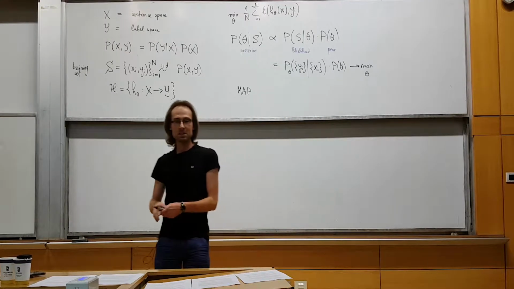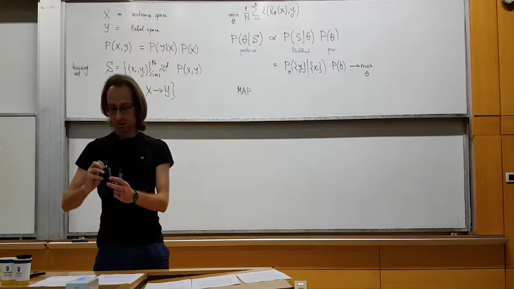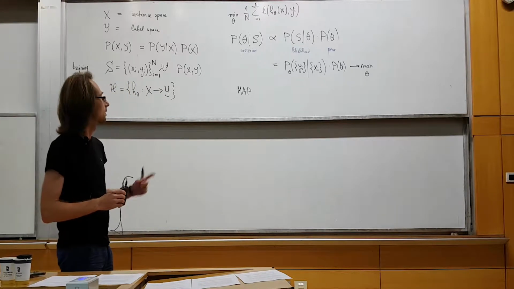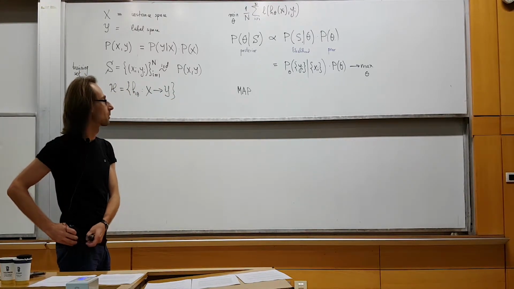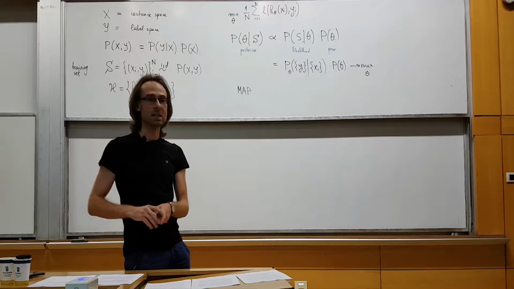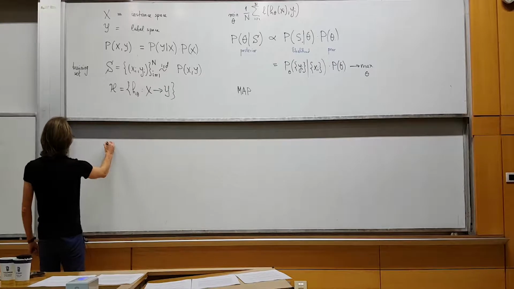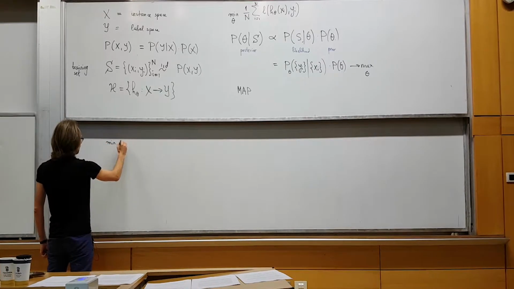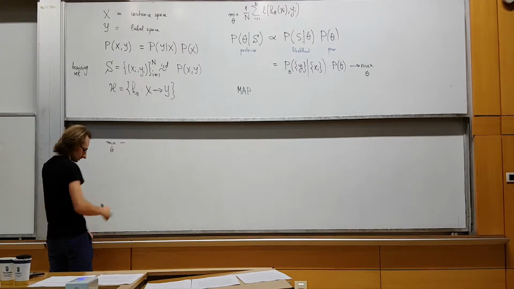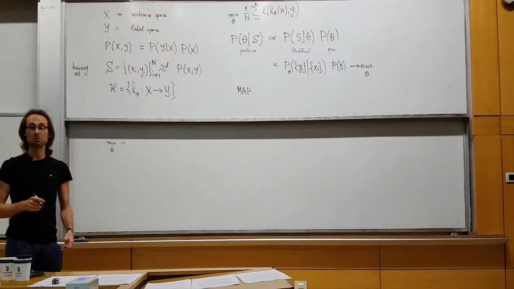Now, since the maximization of this term is equivalent to the minimization of the negative log, I can write this as the minimization over theta of minus the logarithm of this posterior.